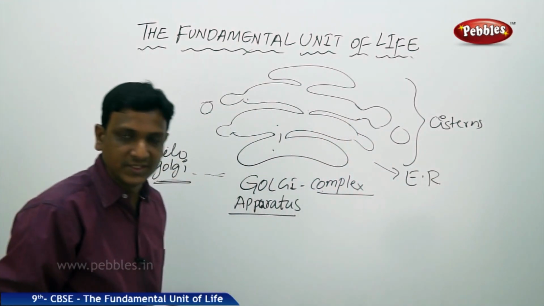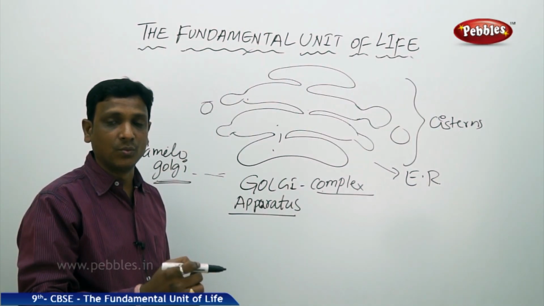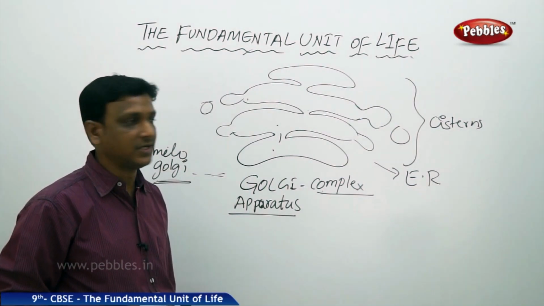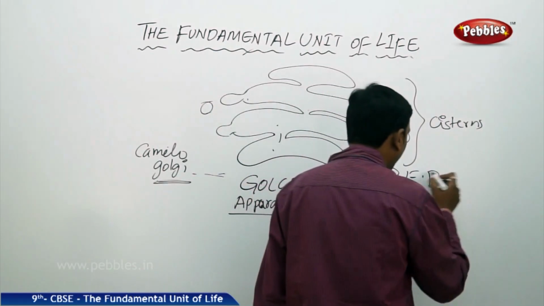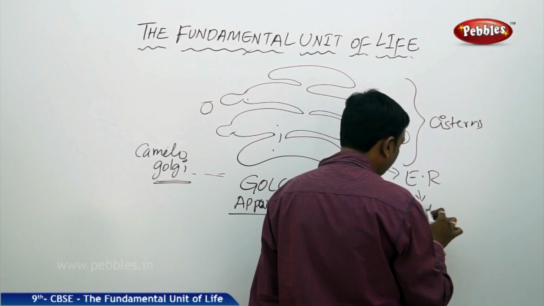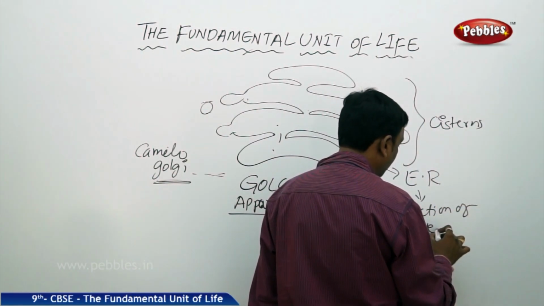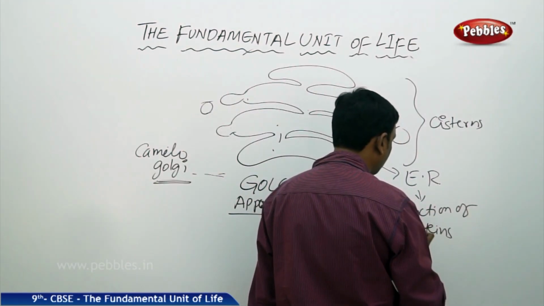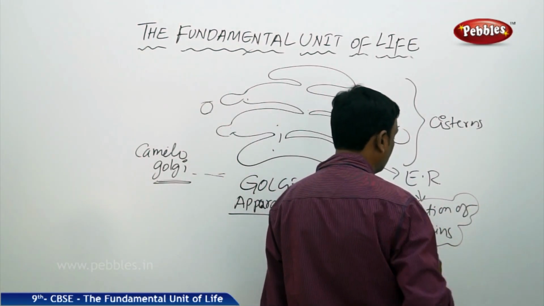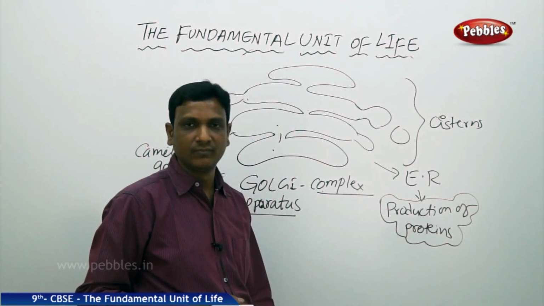Even in its function, it has a connectivity to the endoplasmic reticulum. What is the function of the endoplasmic reticulum? Its function is production of proteins and fats, or production of biochemicals, enzymes, hormones. These kinds of things are produced here.